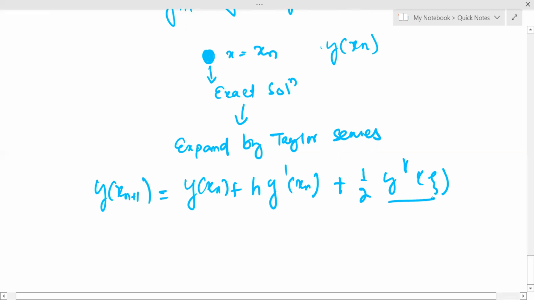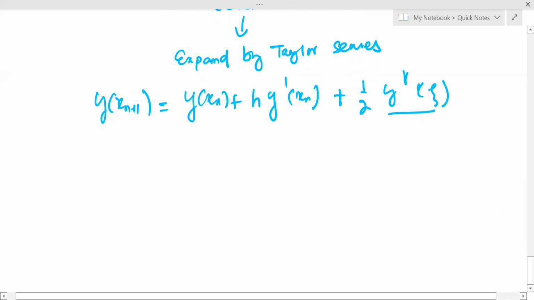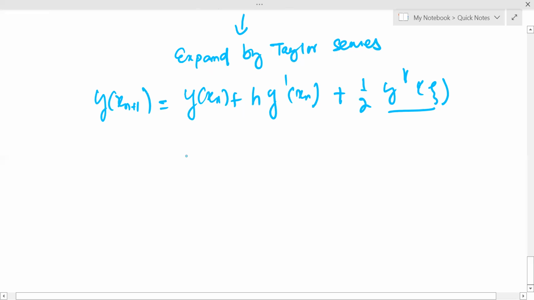This is the error. So the truncation error is Tn plus 1.